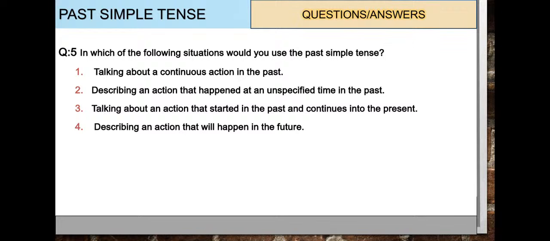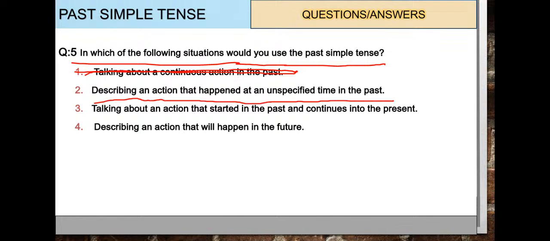Now last one is, in which of the following situations would you use the past simple tense? Yeah, we are being asked about its uses. Okay, talking about a continuous action is not actually it. Describe the action that happened at a specific time in the past, maybe I told you about it. Talking about an action that started in the past and continues, no, this is also wrong.